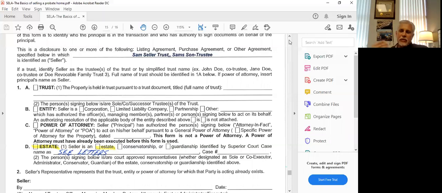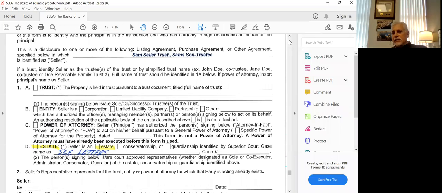If somebody calls, and it happened, I told you my friend had it already in escrow when the sister called and said, why are you selling my dad's house? I'm the executor. That was a huge explosion, except what saved him was he had the RCSD signed, and that was proof that he did his due diligence as an agent, and he represented his client with this letter.